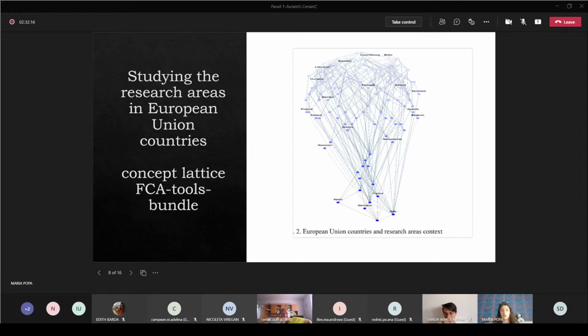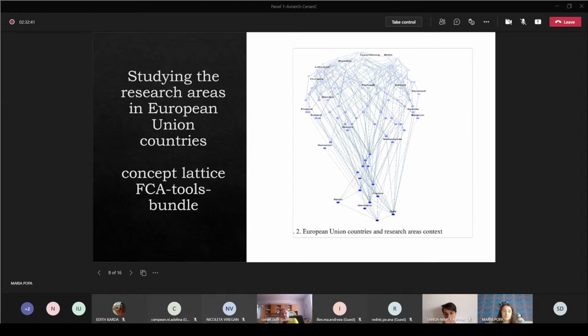If you go upwards on the edges from Poland, we find all the attributes related to this formal concept. If you look at the bottom of the concept lattice, we see that Italy is the country which published more and also targeted some research topics that were not targeted by other countries.